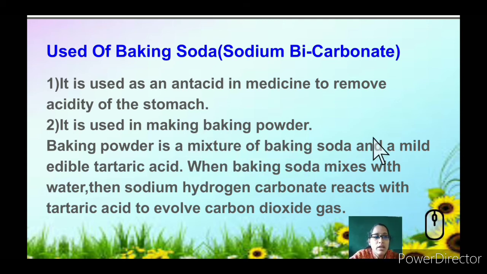It is a mixture of baking soda and a mild amount of edible acid, meaning an acid that can be eaten. So it is a mixture of baking soda and a mild amount of tartaric acid. When it mixes with water, sodium hydrogen carbonate reacts with tartaric acid to form carbon dioxide gas. Hence, baking powder is formed by combination of baking soda and a mild amount of tartaric acid in the presence of water.